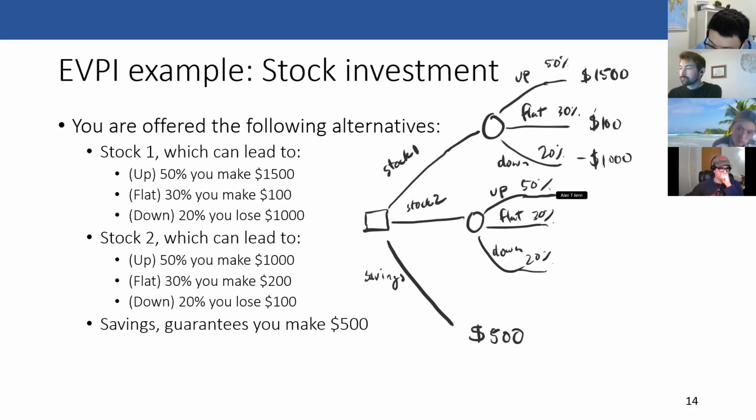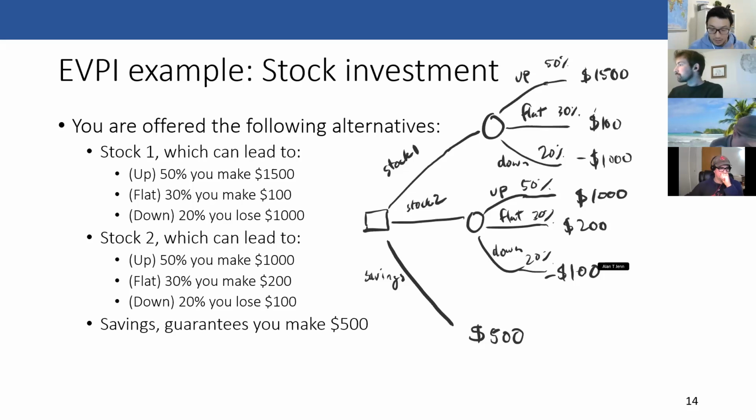And here, sorry, this is 1,000, not 1,500. $200 here, or negative 100.